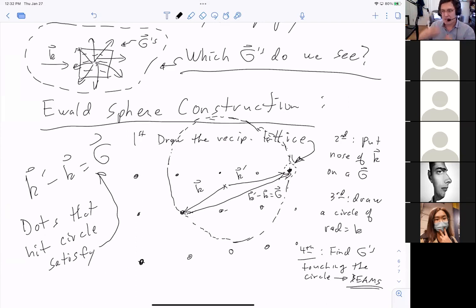But what's happening geometrically is that in this abstract space, reciprocal space, the Ewald sphere is being swept through the reciprocal lattice. And so that's why X-ray crystallographers want to rotate their crystals all over the place so that they can map out the entire reciprocal lattice. All right, that's how it works.